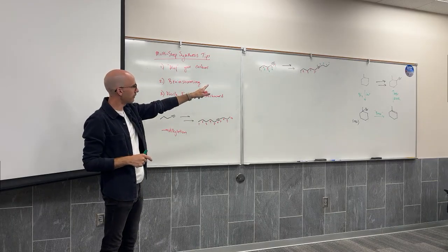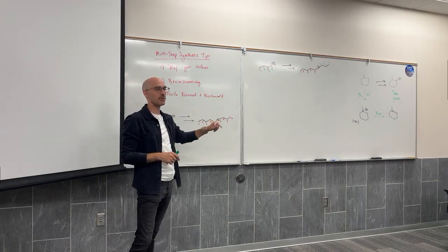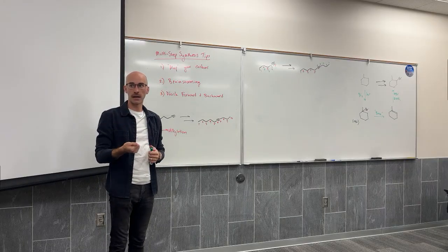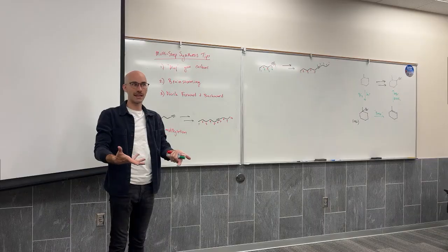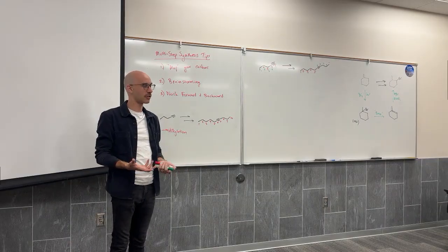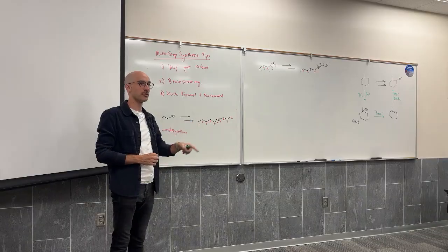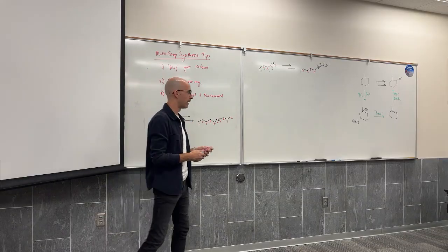So carbon 5 in green is going to be a nucleophile. That means I need to deprotonate my starting material, make it into that alkyne anion that is a nucleophile. And carbon 5 in green will substitute carbon 5 in red.